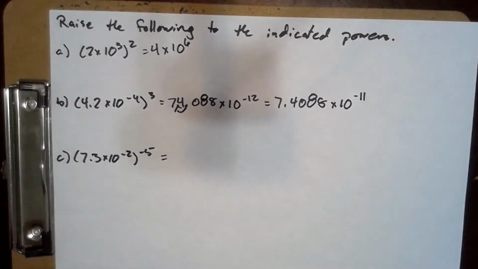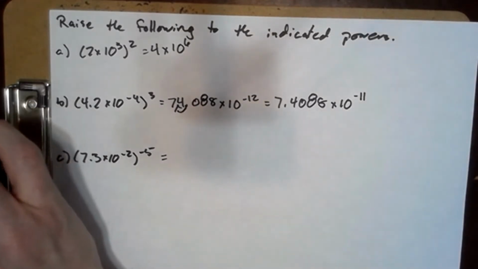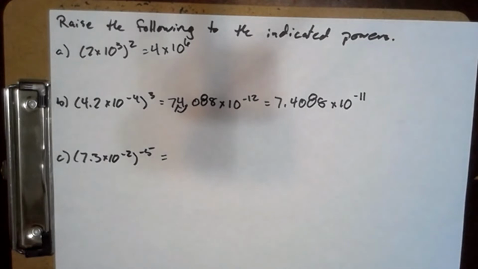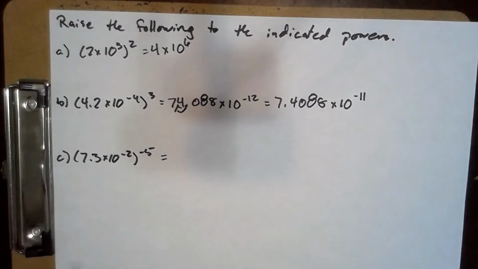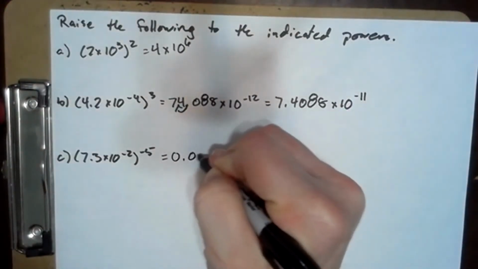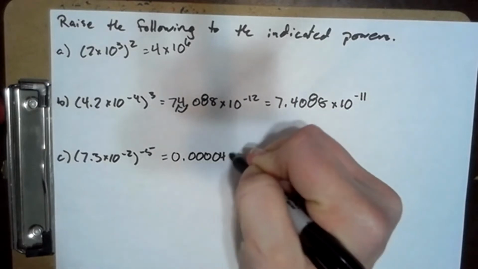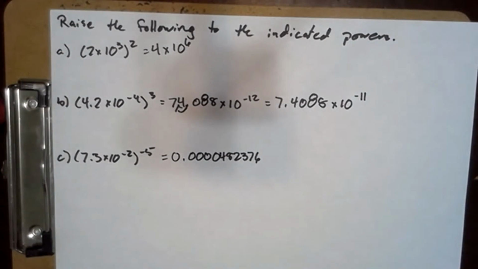So we're going to do this way. We'll take 7.3 and raise that to the negative 5. And we get this ridiculous number, 0.0000482376, and we'll leave it there. It goes on from there, but we're just going to go that far.